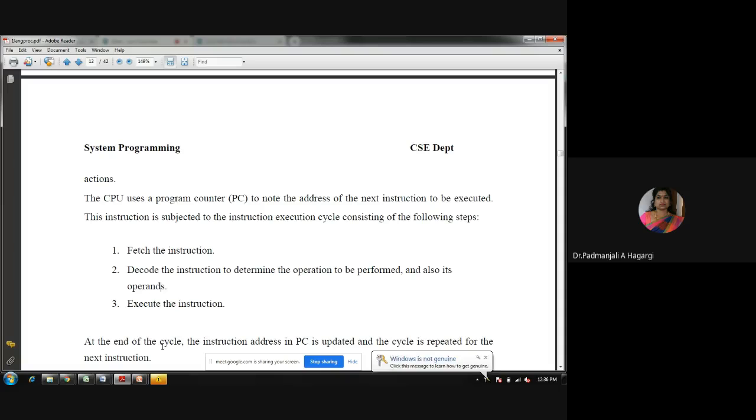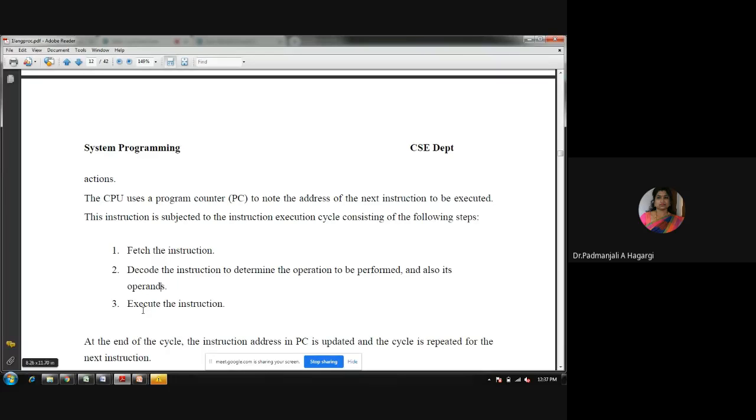So they have their own machine coded language. It fetches all the instructions in the program and decodes the instruction to determine what operation is to be performed, whether plus, multiply, whatever is used, and also its operand, meaning the operand's address where the computed result has to be loaded in the memory, for example a plus c.